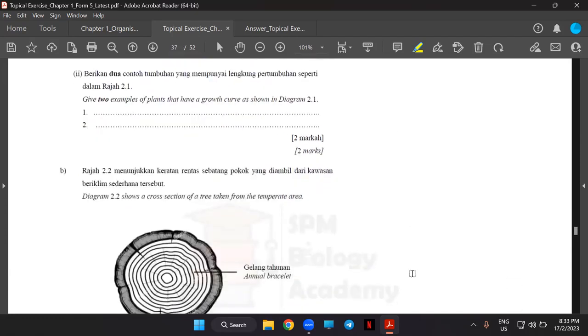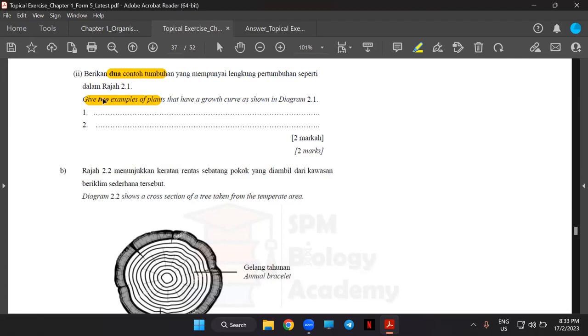Soalan kedua. Berikan dua contoh tumbuhan yang mempunyai lengkung pertumbuhan seperti dalam Rajah 2.1. Give two examples of plant that have the growth curve as shown in diagram 2.1. Very simple. Pilih contoh yang ada woody plant, woody perennial plant.